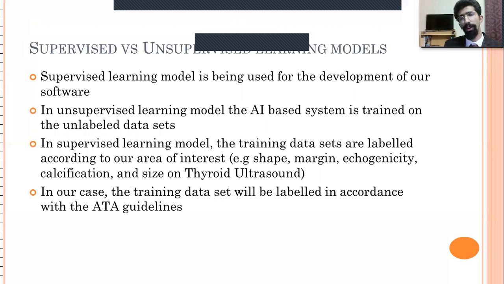In our case, we are going to label the data according to the American Thyroid Association guidelines. And in the unsupervised learning model, the AI-based system is trained on the training data set without the manual labeling of the training data set.